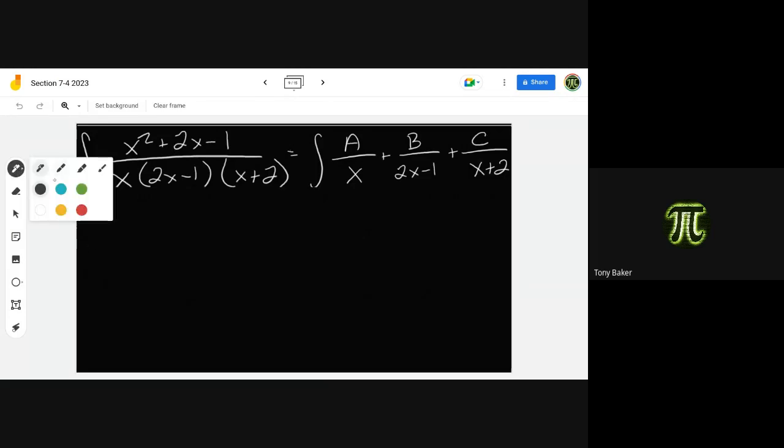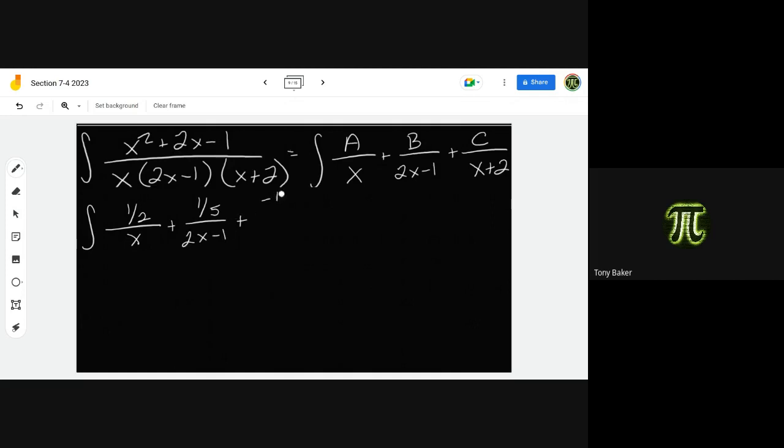So now we have A was 1/2 over x. Do not put the thing on the bottom. Just leave it on top. We'll see why in a second. 1/5 over 2x minus 1, and -1/10 over x plus 2.